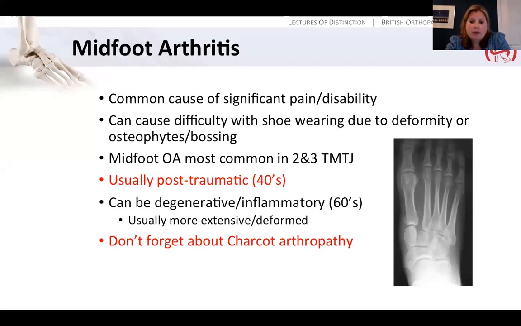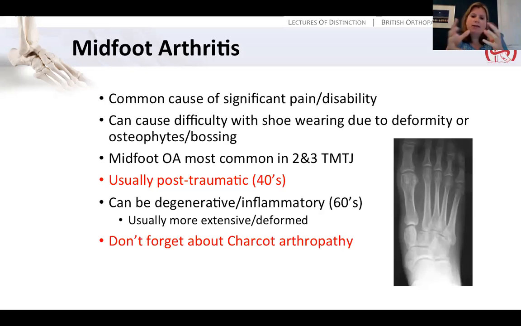Midfoot OA, as we've said, is most common in that middle, second and third TMT joint. And you see two spectrums of disease with midfoot arthritis. You see patients who are older, in their 60s, who may well just have degenerative arthritis or inflammatory arthritis, and they can have very extensive disease and it can be very deformed. You also see the group of people that may have post-traumatic arthritis, usually from some sort of Lisfranc injury.